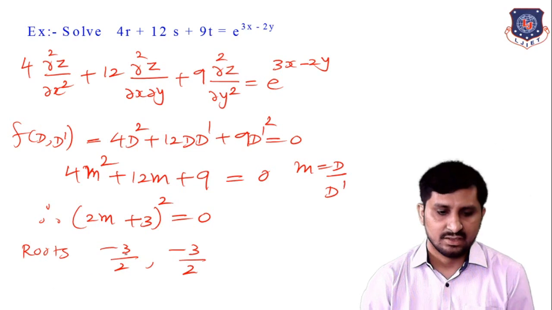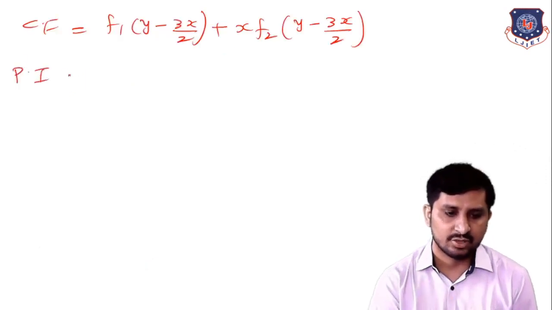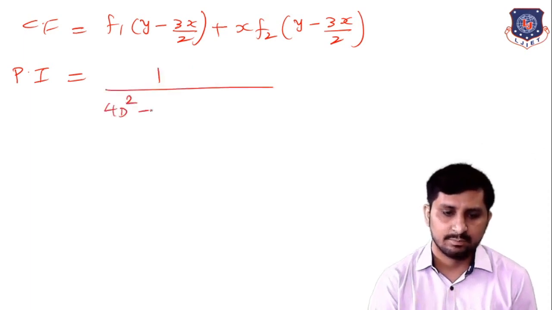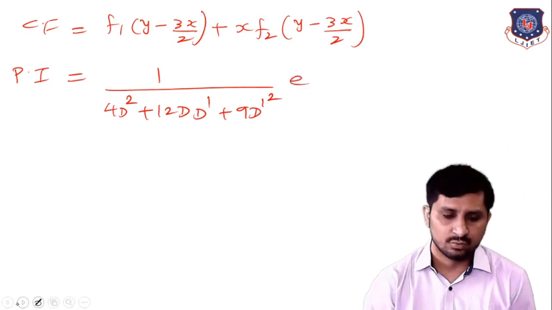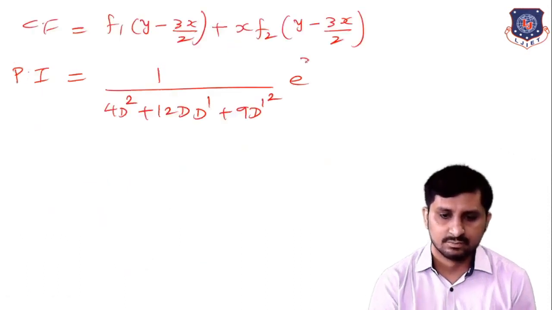Now we want to find the particular integral. The particular integral is 1 upon f of d, d dash, so 1 upon 4d square plus 12 d d dash plus 9 d dash square, acting on our function e raised to 3x minus 2y.